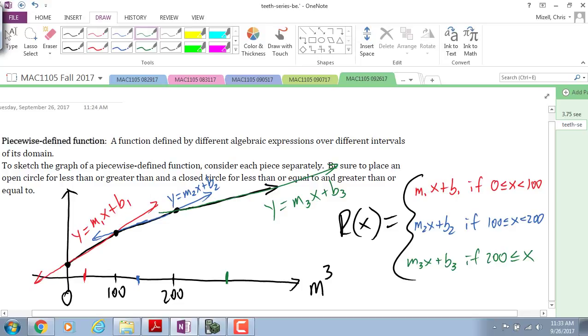And another way to write that, you might see it instead of saying 200 is less than or equal to x, that might be written x is greater than or equal to 200, which means the same thing.